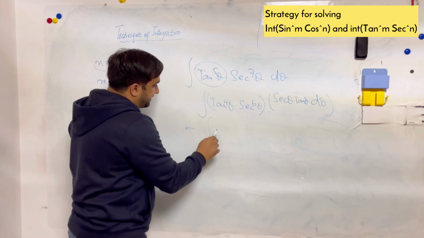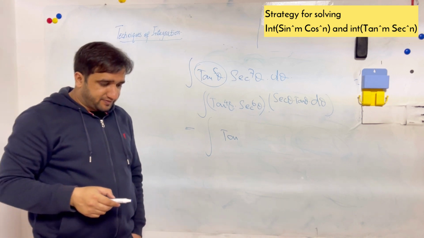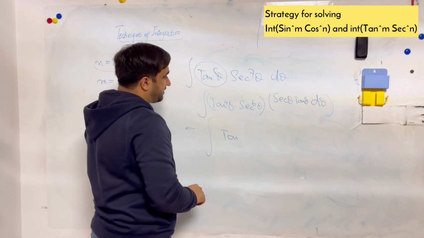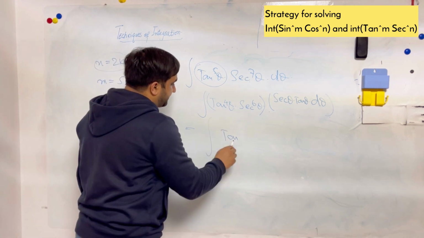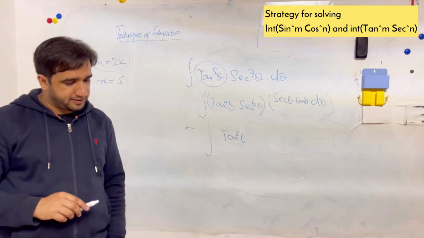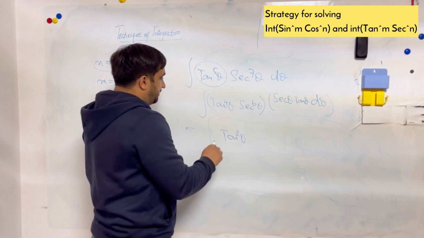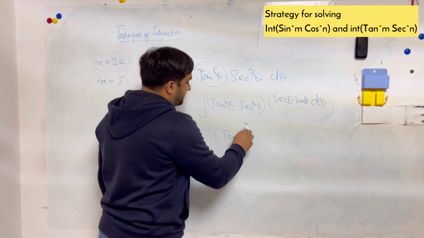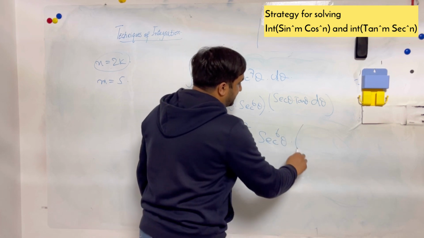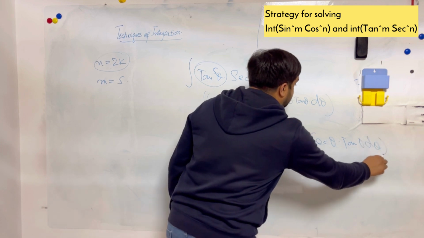Now what will be the substitution? Secant theta. So we have to convert this whole thing in terms of secant. I know that tan^4 theta can be written as tan square theta raised to the power 2 into secant^6 theta into this guy, which I am not going to touch, secant theta tan theta d theta.